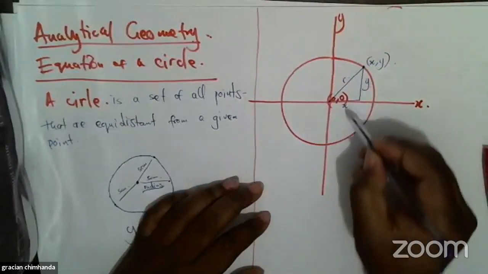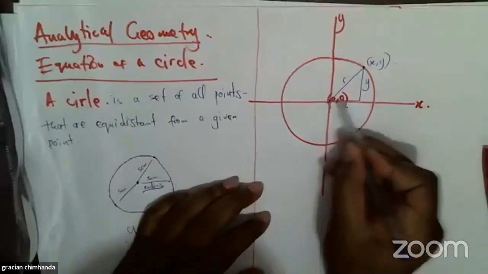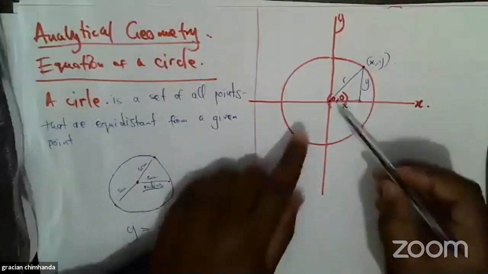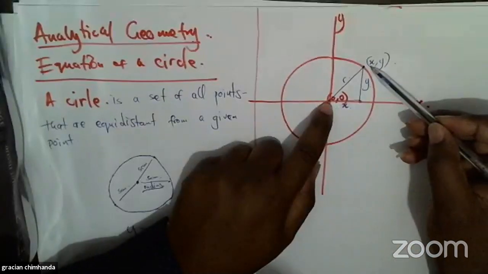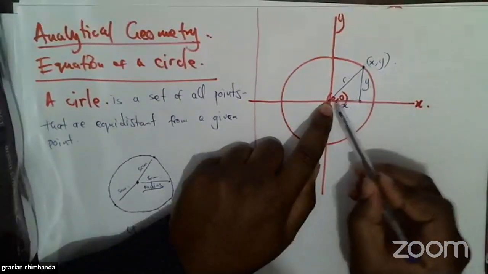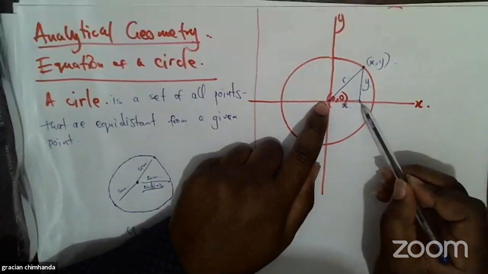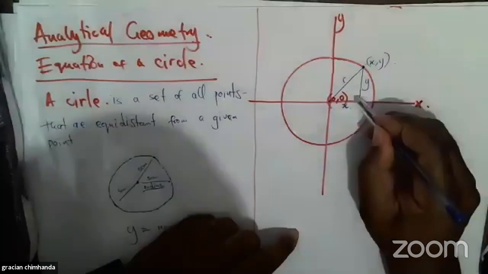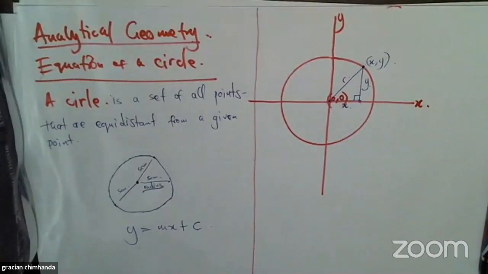If you don't know how to move directly to this point, you can first move x steps going this way and move y steps going upwards. So this forms a right-angled triangle. By forming a right-angled triangle, we can implement what is known as the Pythagoras Theorem.